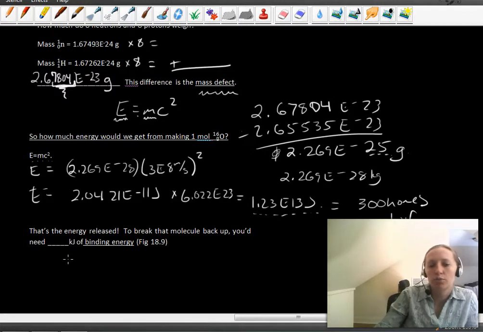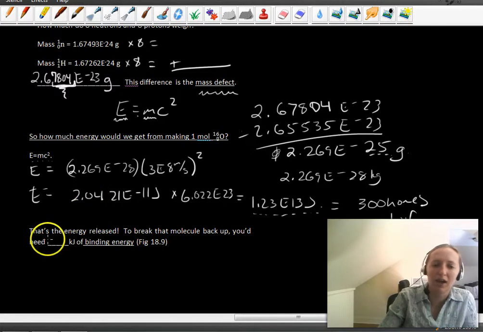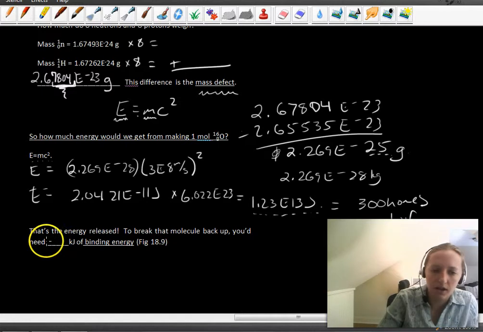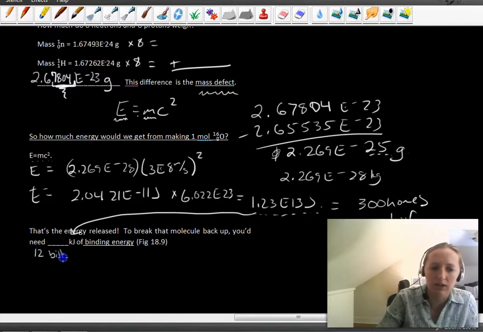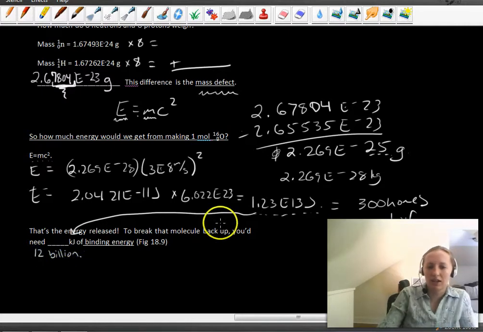In order to break that shouldn't be the word molecule. In order to break that mole of atoms back up, you would need that amount of energy in order to break it back up, and that's called binding energy. And if you take that number and change it to easily readable, that's 12 billion kilojoules of binding energy.